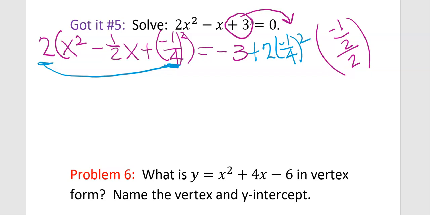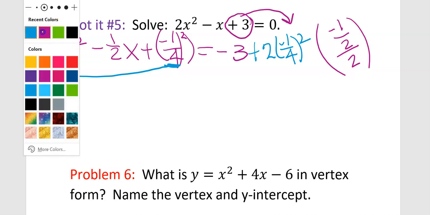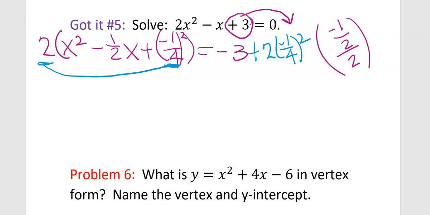As long as you're going to grab your calculator anyways, you don't necessarily have to until the next step. So we have 2 times x minus 1/4 squared. And now on your calculator, you could go -3 plus 2 times -1/4. You could type it in probably exactly how you see it. I'm just going to sketch it out because I don't have my calculator right next to me.